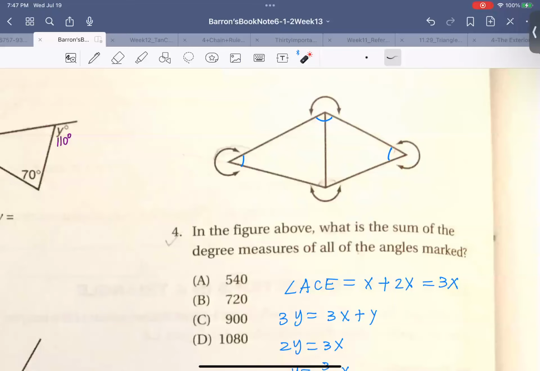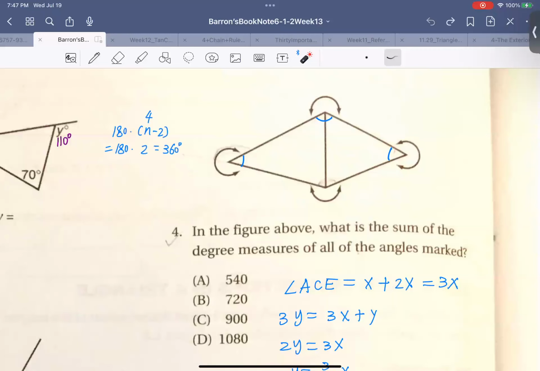Do it. No rush. So you first have to find the angle sum, and that's 180 times n minus 2. Good. And then it's 360, because 4 minus 2 is 2, times 180 is 360.